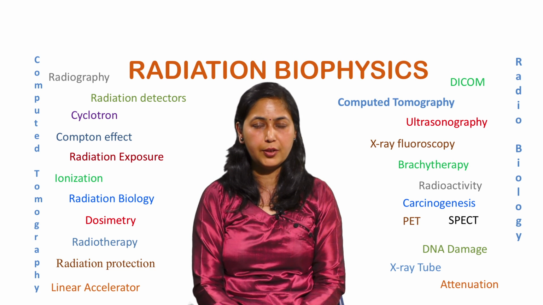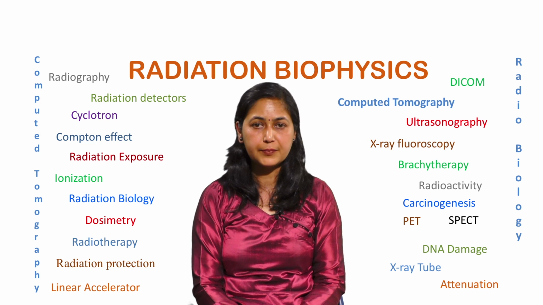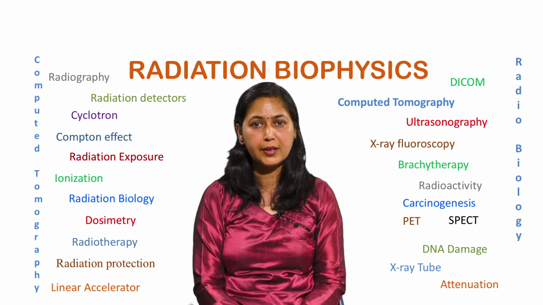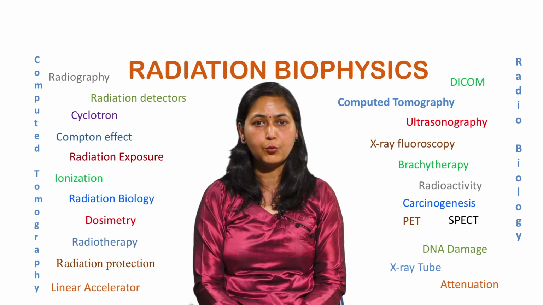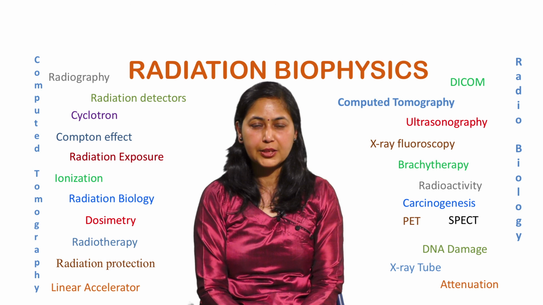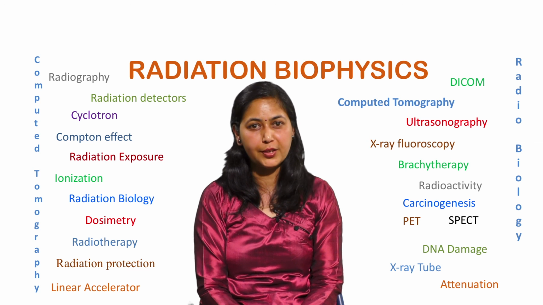The second half value layer for polychromatic X-rays is more than for monochromatic X-rays. There is an understanding now of broad beam and narrow beam geometry, and we have understood that the beam gets hardened as it moves through different thicknesses of material. Hope this lecture will help you in understanding the topic in detail and will help you in future.